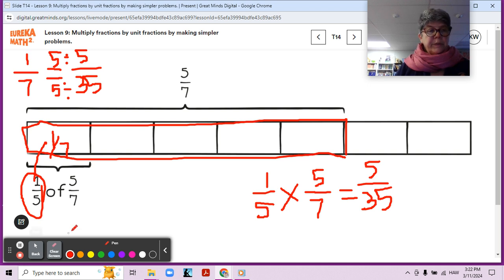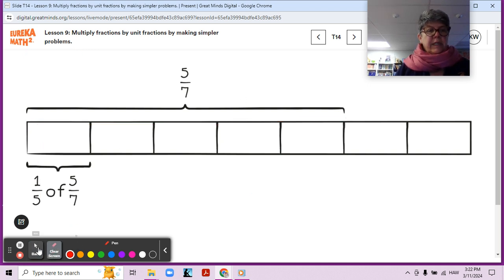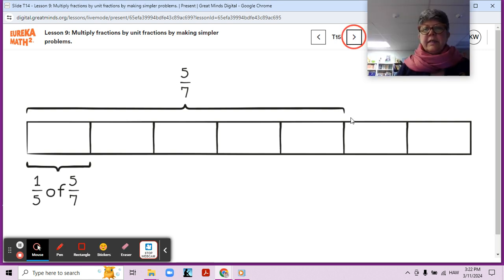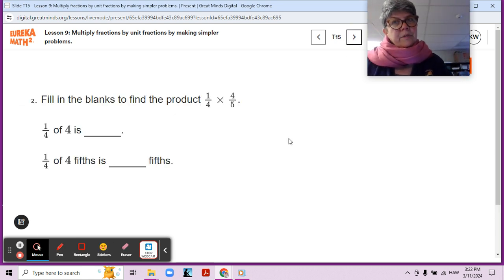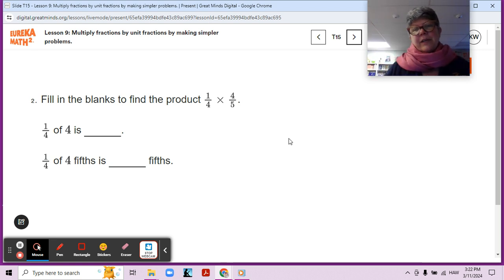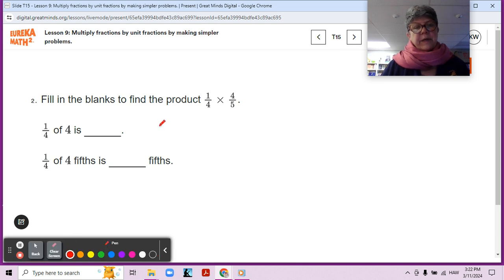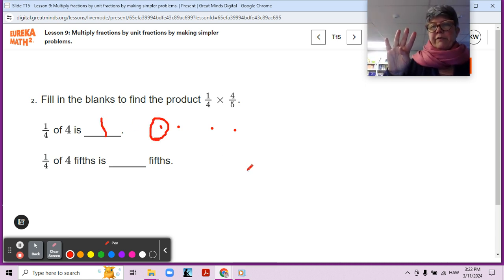Let's look at number 2 in your book. Let me see if I can clear this off and get to my slide here. All right, number 2 in your book. This is also interesting. Fill in the blanks to find 1/4 of 4/5. So 1/4 of 4. Let's just think about 4 dots. 1, 2, 3, 4. 1/4 of them is going to be 1, right? I have 4 pizzas. I'm going to give you 1/4 of them.